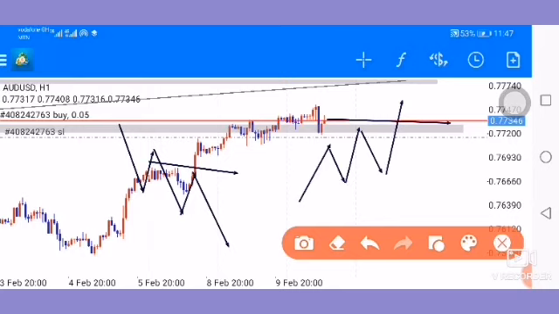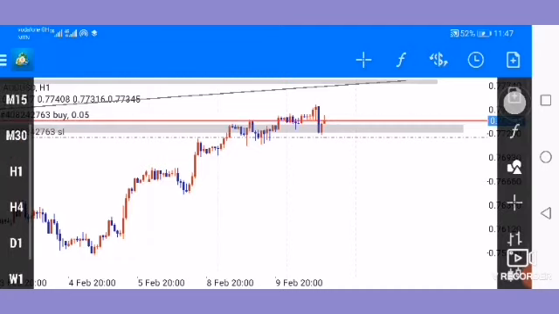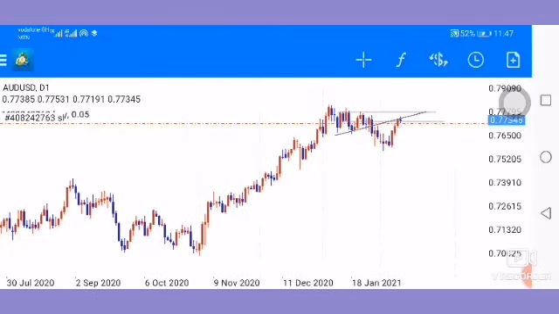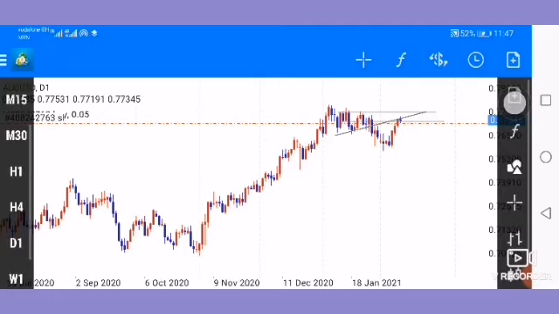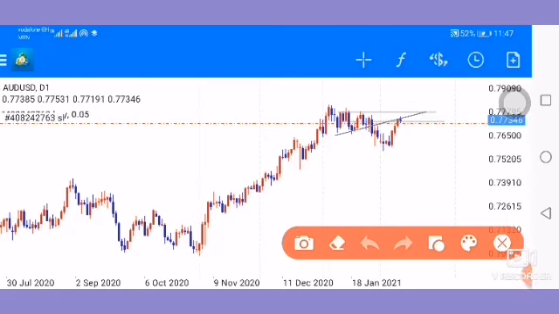So if you are logging into a certain chart or a certain pair, something like AUD/USD, I first look at the daily chart to see the directional bias. You can see clearly that on this pair, price is creating higher highs. We are in an uptrend on the daily time frame.